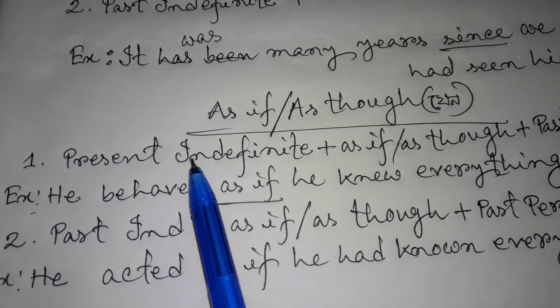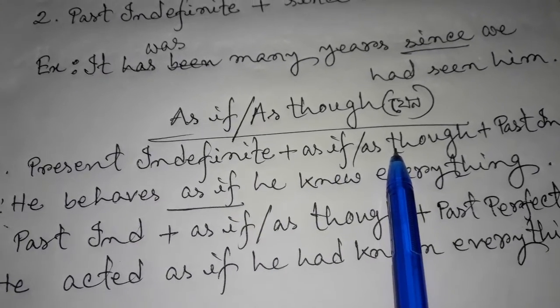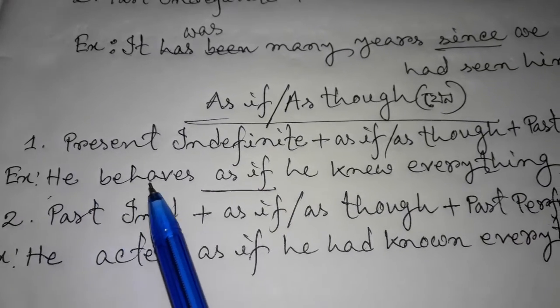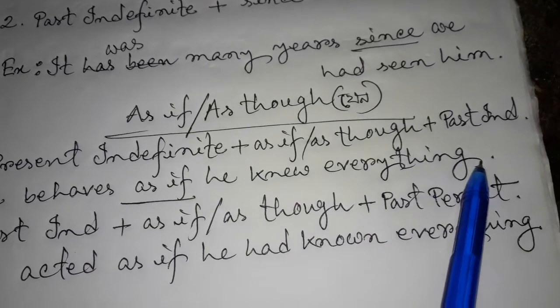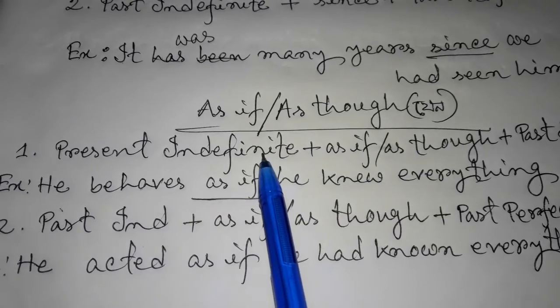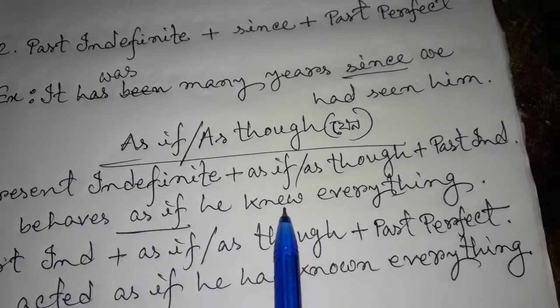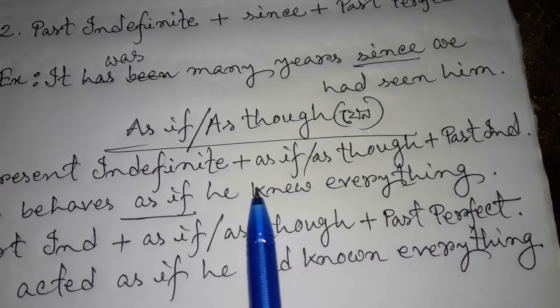Number one: present indefinite plus as if or as though plus past indefinite. Example: he behaves as if he knew everything. He behaves, present indefinite tense, as if he knew everything, example of past indefinite tense.